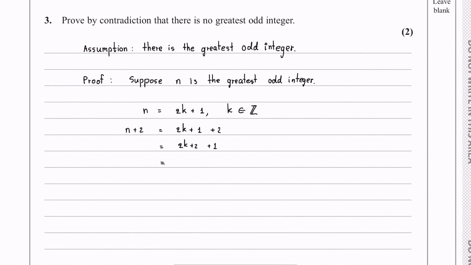So we can factorize 2 from the first two terms like this. And you can see that this term is an odd number for sure, because you have a multiple of 2 here and then you plus 1 at the end. So it has to be an odd number. So we know that n plus 2 is also an odd number.